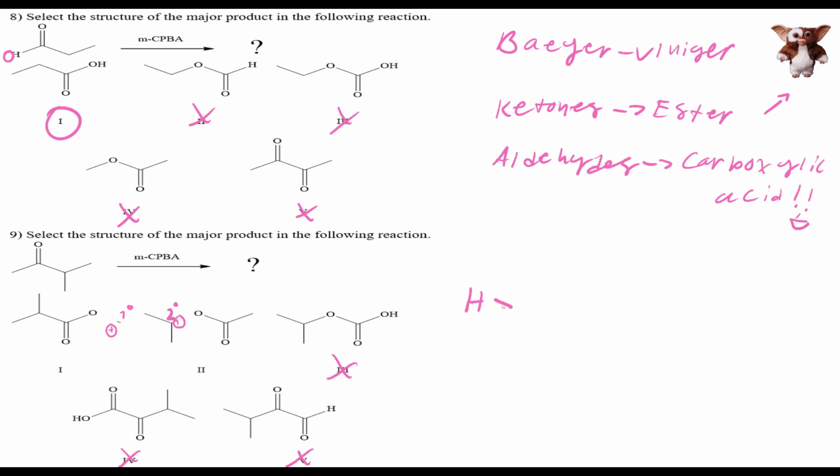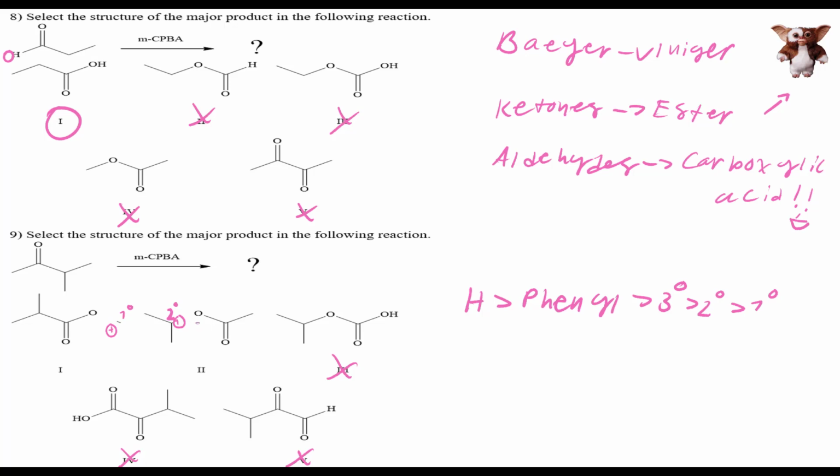Because again, the reactivity goes in this way. So phenyl is going to be the most reactive, then a tertiary, then a secondary, and then a primary. So between the primary and the secondary, I'm going to pick the secondary, okay? So whenever you're doing Baeyer-Villiger reactions with ketones, you're going to make an ester.